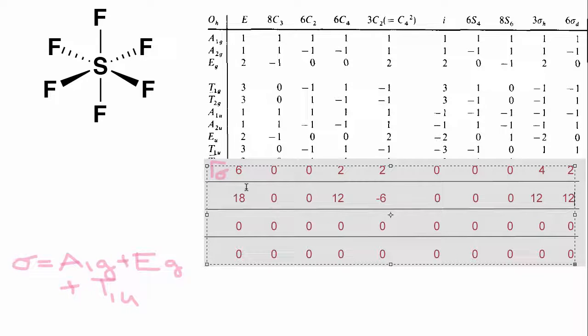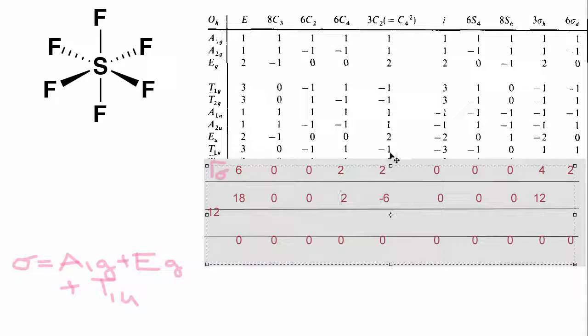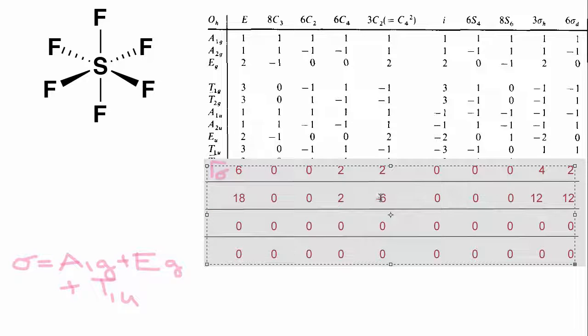And so if we do that, right now what we'll see is that we will get, in this case, 3 times 6 is 18, 0 times 0 is 0, minus 1 times 0 is 0, 1 times 2 is 2, minus 1 times 2 gives us minus 2, minus 3 times 0 is 0, minus 1 times 0 is 0, 0 times 0 is 0, 1 times 4 is 4, and then 1 times 2 is 2.